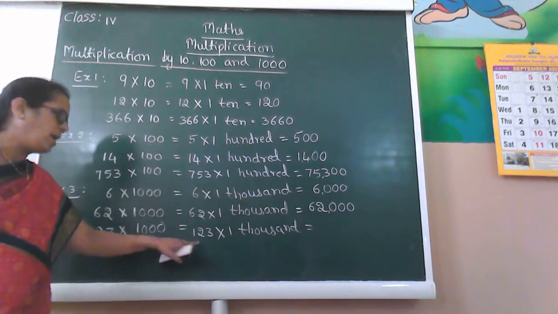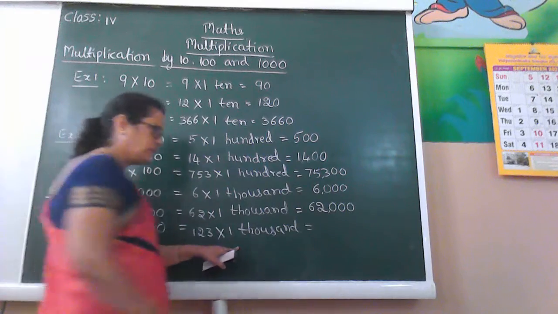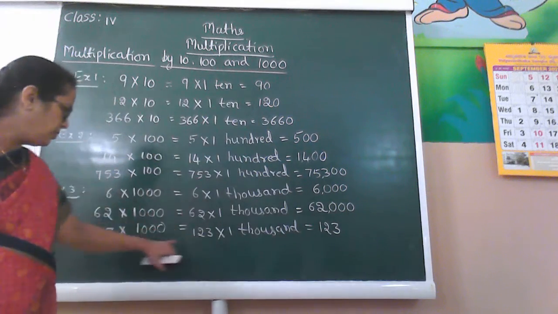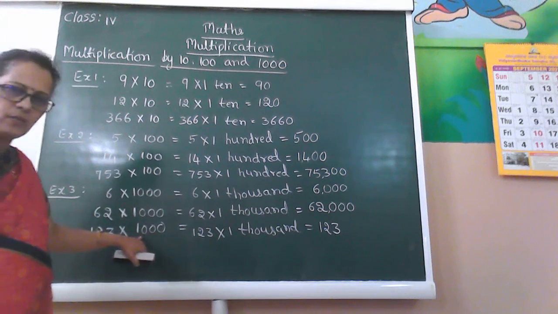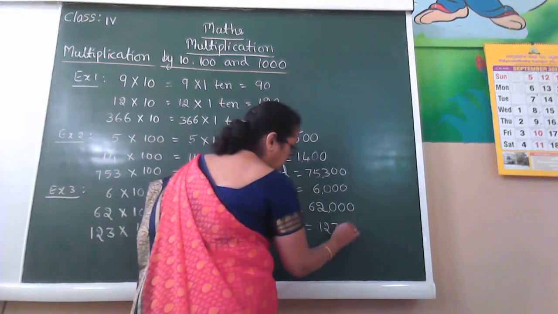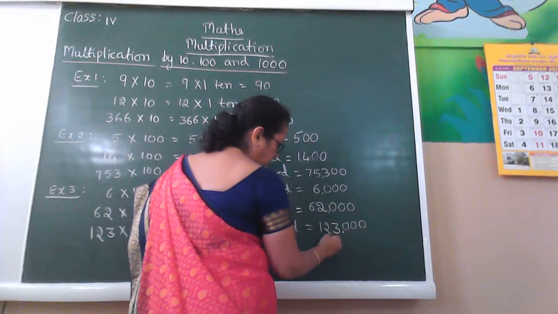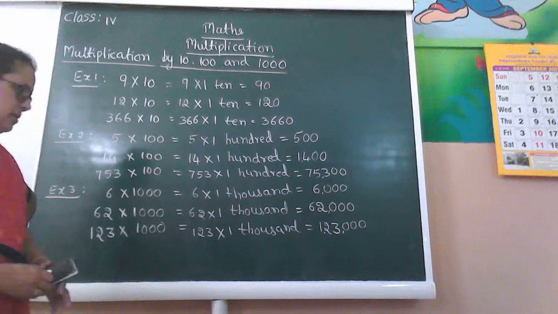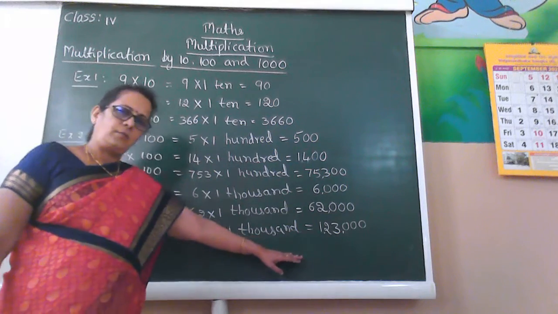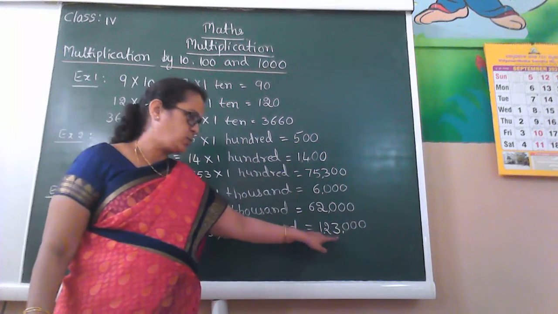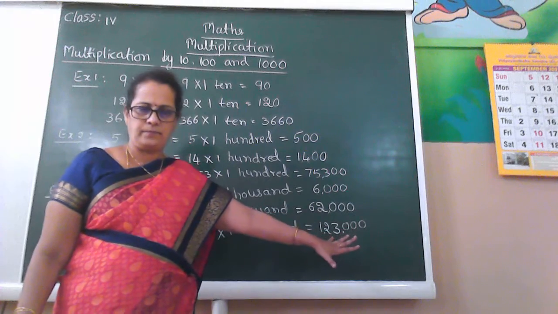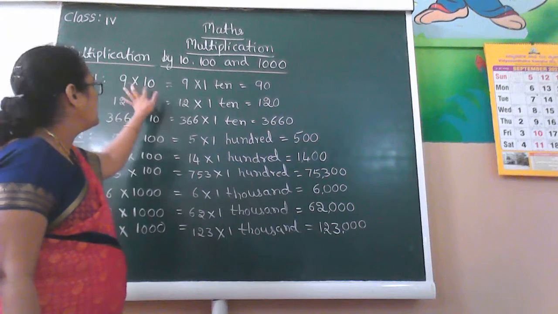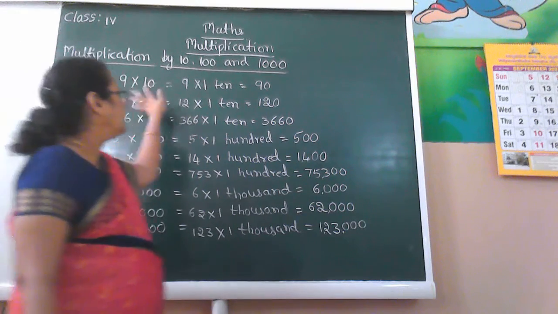Then 123 into 1, the same number, we get 123 itself. What about zeros? 1, 2, 3 zeros. Write 3 zeros. So put the comma 3, 2, 2. That is the Indian system. So the product is 1,23,000.